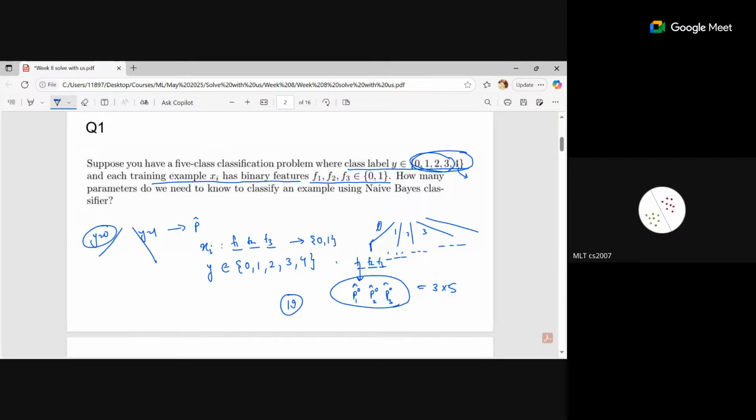Now you have multi-class, which is 0, 1, 2, 3, 4. So all these probabilities should add up to 1, right? So if I know any four of them, that is sufficient. Okay, ma'am. Understood, ma'am.